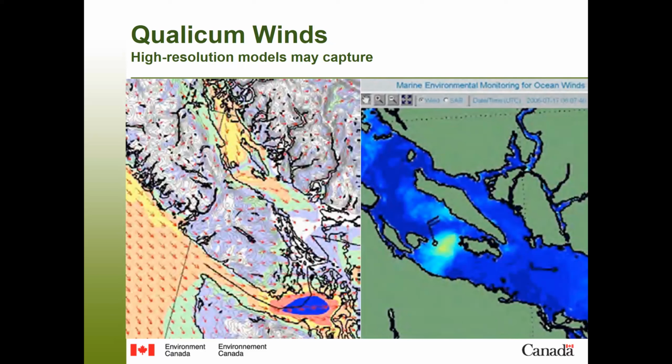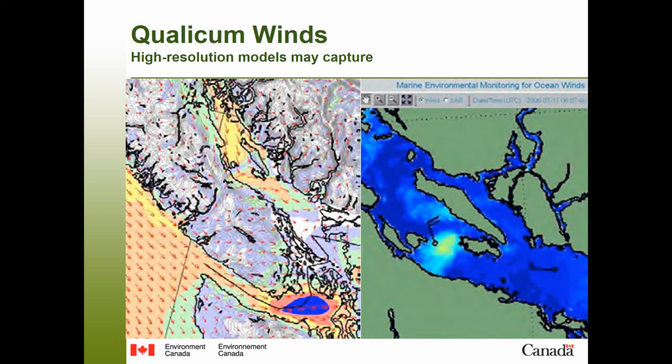If there are particular inlets or bays that you're looking at getting into, we can try and help you out there. This particular model is showing the Qualicum wind effect, and also a fairly significant gale through the eastern sections of Juan de Fuca.